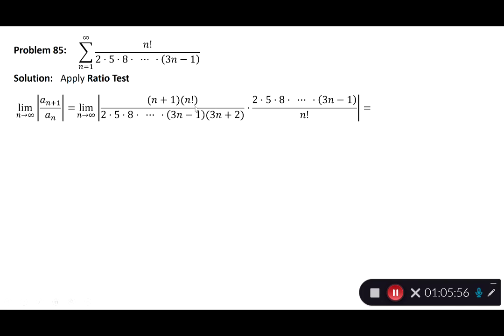N factorial, they cancel, leaving us with simply n plus 1 on the top and 3n plus 2 in the bottom. What's this limit equal to? First degree polynomial over first degree polynomial. So ratio of leading coefficients 1/3, which is less than 1. So this series converges. Cool?